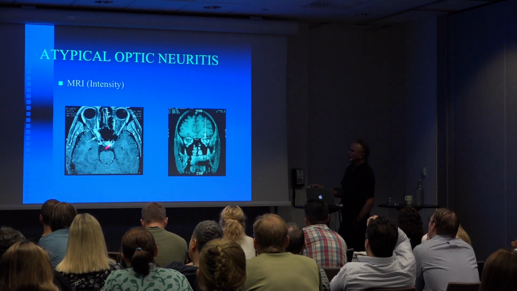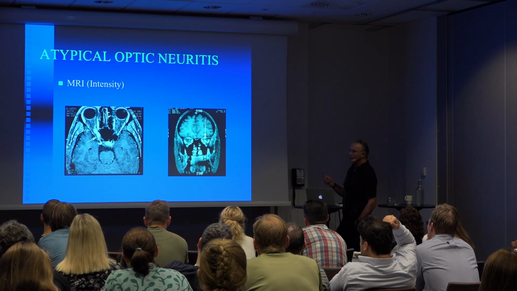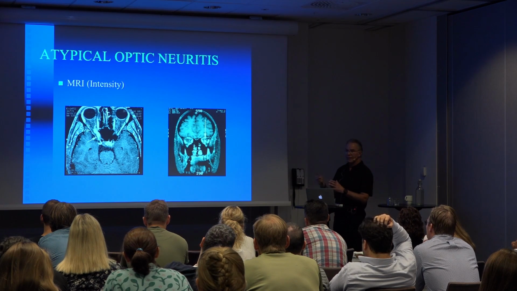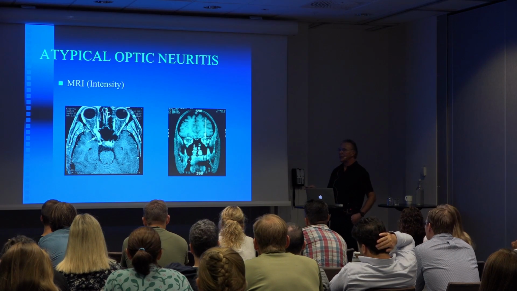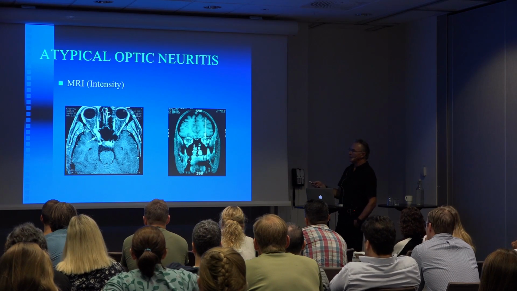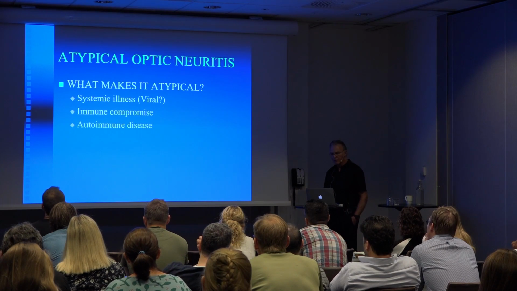So, optic neuritis that looks like this, probably not MS, or this, very bright, very enlarged. This one actually has sort of a nodular or kinked appearance. That's very unlikely to be MS related, and you should start thinking about whether that's something else, and this is a sarcoid in this scenario.